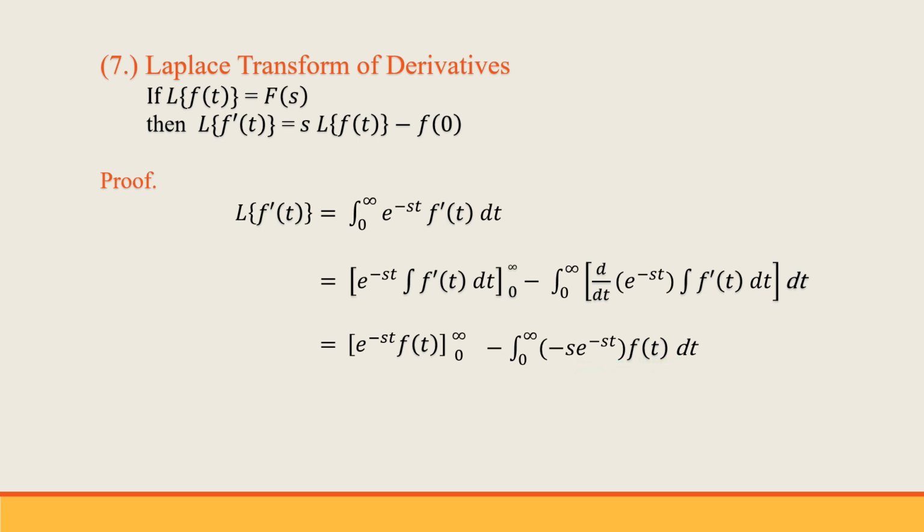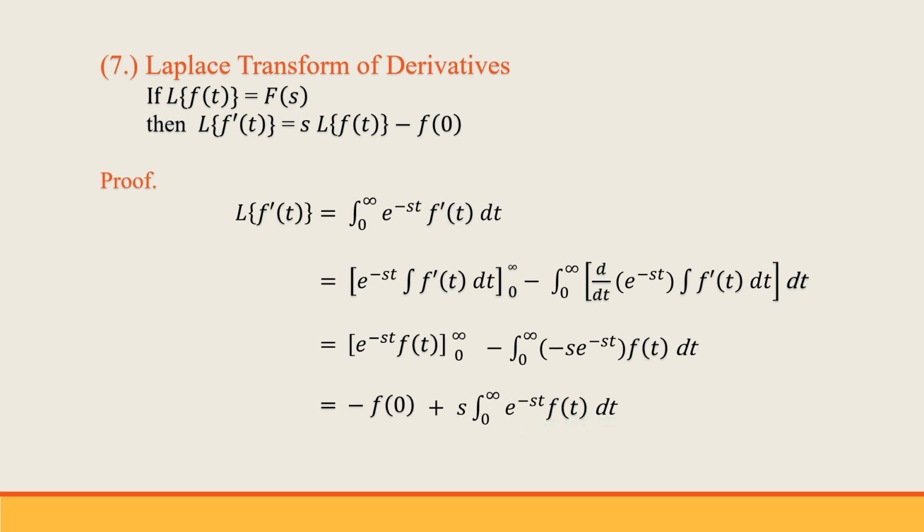On putting the limit to the first part, we get minus f(0), as e raised to the power minus infinity becomes 0. Taking minus s outside the integral in the second part, we can write it as s into integral 0 to infinity e raised to the power minus st into f(t) dt.